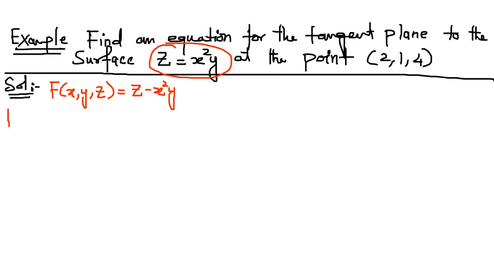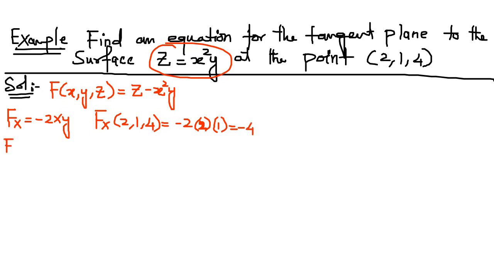Now you have to find the partial derivative with respect to x. What is the partial derivative with respect to x? That is minus 2xy. Substitute the point, that is 2, 1 and 4, that is equal to minus 2, 2 and 1, which is equal to minus 4.